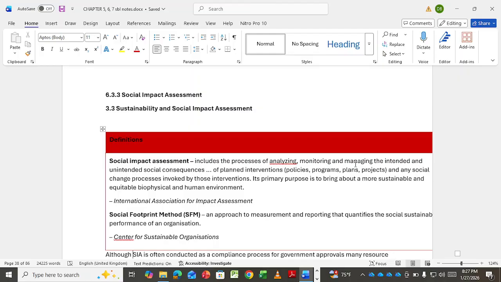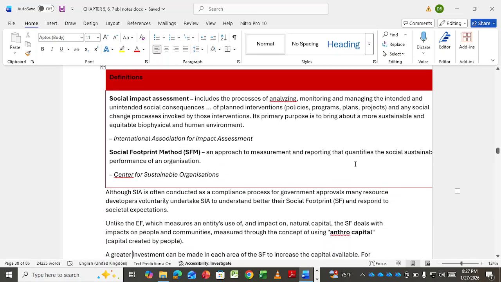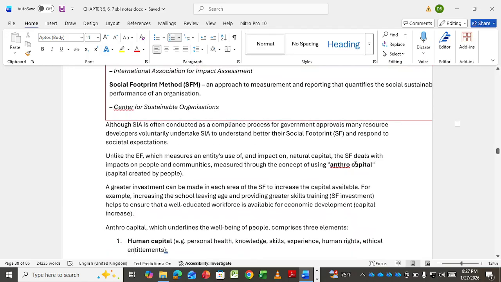Maybe the competitors, the people in the same line of business. So this method will mainly be measuring and reporting social sustainability performance of an organization alongside the people that could be in the same social circle. You get the difference, eh?